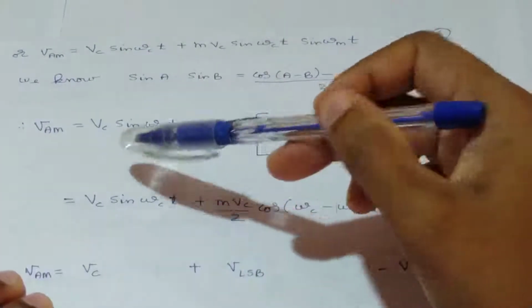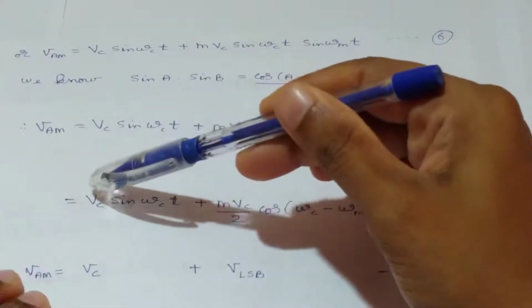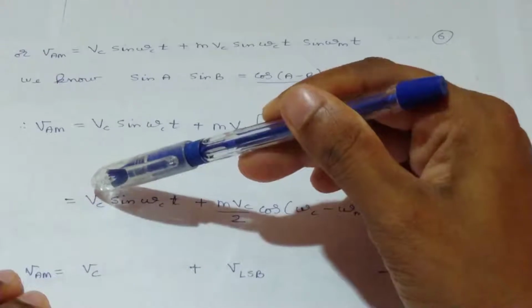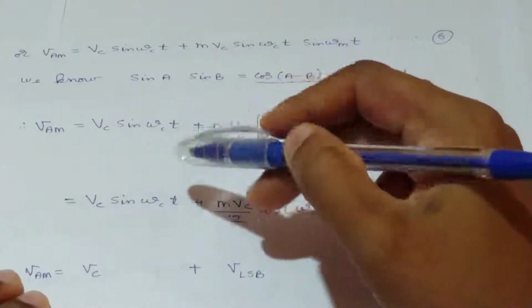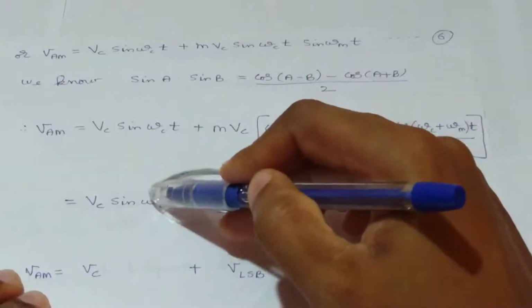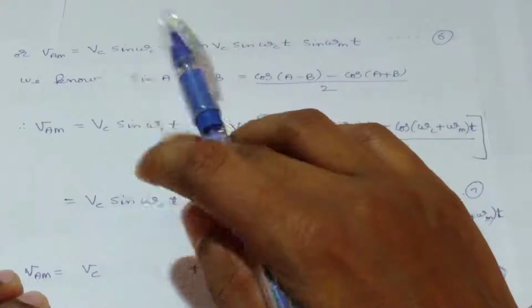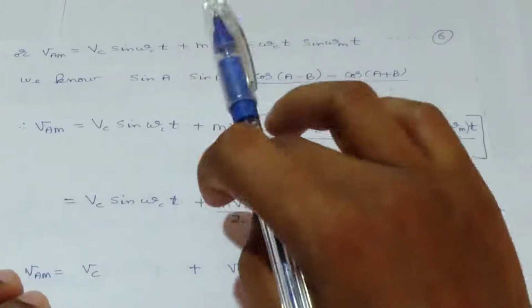And how will we calculate the RMS value? We have already studied the equation for calculating the RMS value of a sinusoidal signal. If V is the peak amplitude of a sinusoidal signal, then its RMS value is that peak amplitude divided by root 2, V divided by root 2.